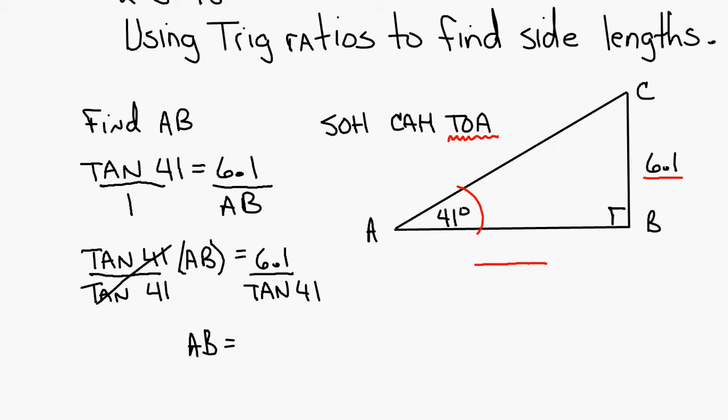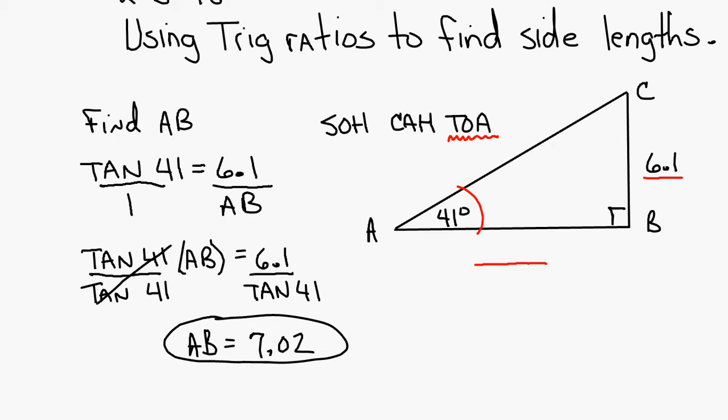So AB is equal to, now it's just a calculator operation. It's 6.1 divided by 41 tan, and you have to hit the equals button. And your calculator should say 7.02. Listen to me again.